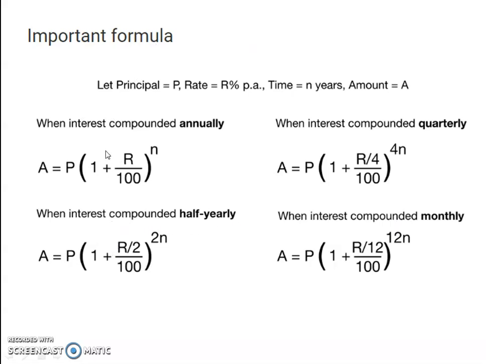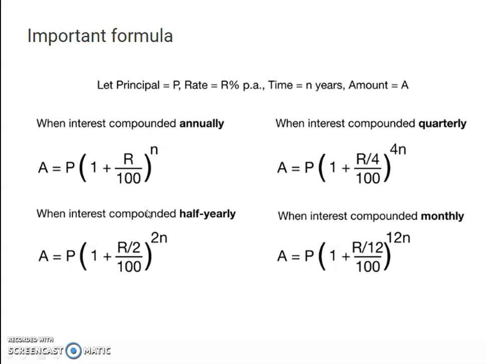So what is the difference between the formula and this formula? The rate is divided by 2. Why? It is for 1 year, and you are calculating it for half year. So R by 2. Now number of years.